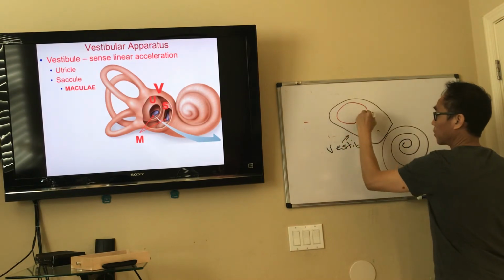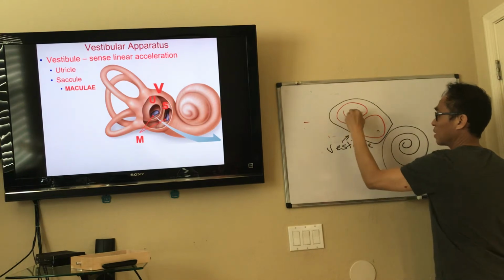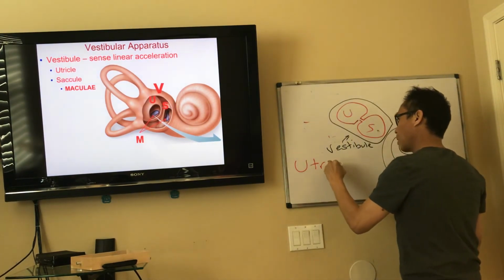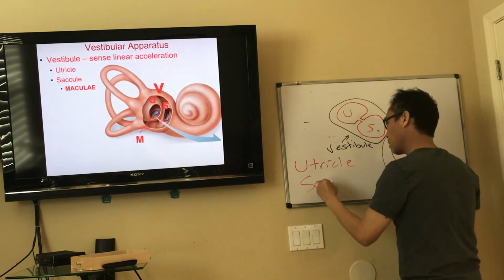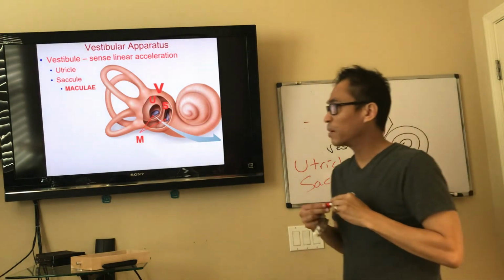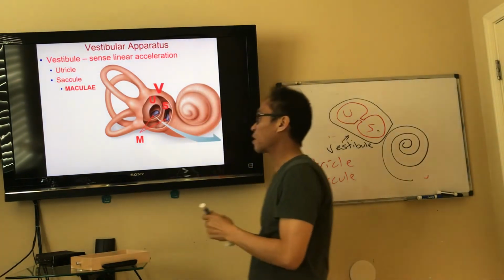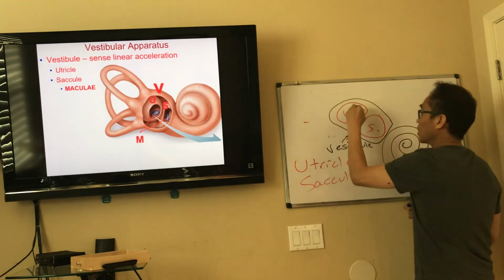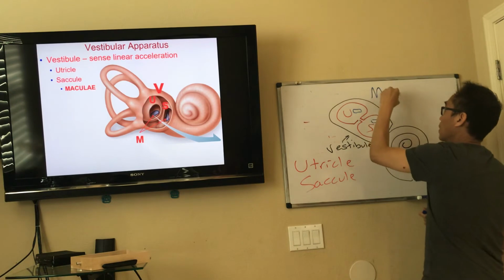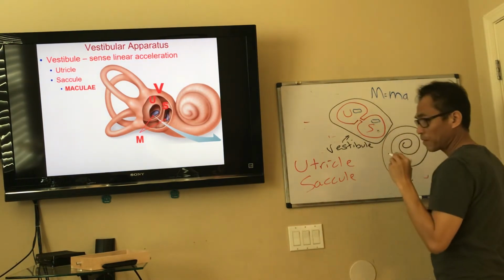Utricle. Saccule. This is the organ for equilibrium. And inside utricle and saccule are these little structures called the macula. M is for the macula.